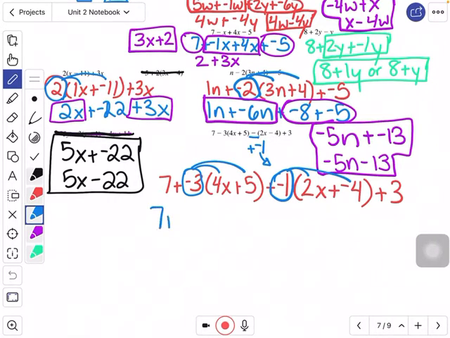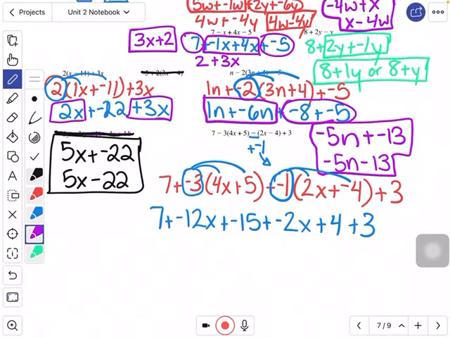So we have 7 plus negative 12x plus negative 15 plus negative 2x plus 4 plus 3. So now I look for my like terms. I have negative 12x plus negative 2x, so that's negative 14x.